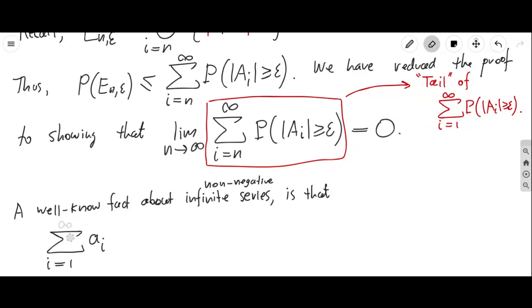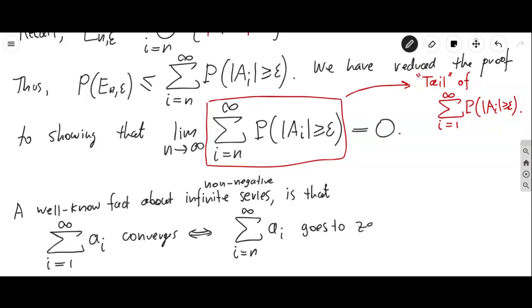So these are non-negative numbers. So if you have an infinite sum of non-negative numbers, that this infinite series of non-negative numbers converges if and only if the tail goes to 0 as n goes to infinity. And really what this has to do with is this is sometimes called the Cauchy criterion.